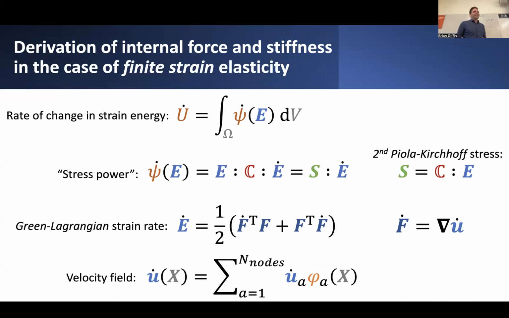Now, the actual derivation gets slightly more complicated, but only slightly. So if we take the time rate of this strain energy potential function, now what we get is the stress power expressed in terms of C times the Green-Lagrange strain. And we use this description to define a new measure of stress, different from engineering stress, different from the types of stress measures we've talked about up to now.